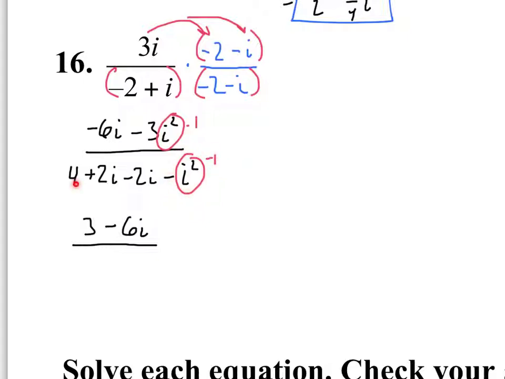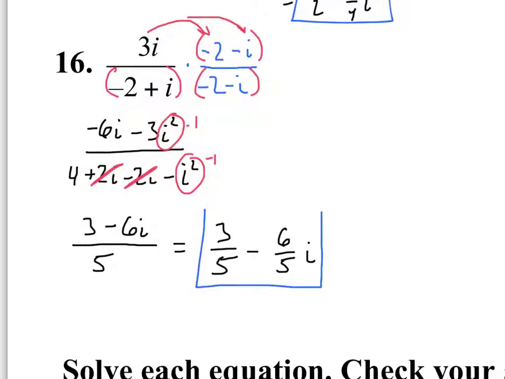So this is 4 plus 1. And then +2i minus 2i, those cancel each other out. So our answer should be 3/5 minus 6/5 i. If you flip 3 and -6i around, same thing? No, the imaginary number always has to come second.